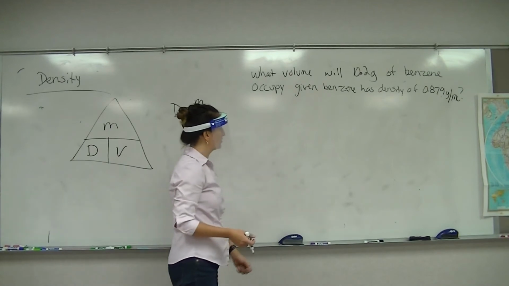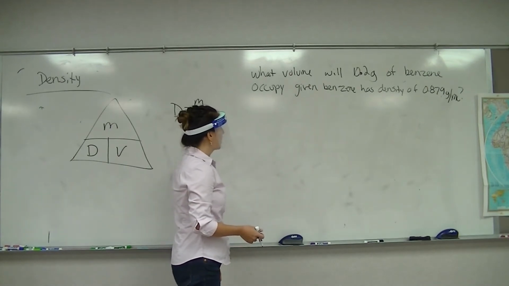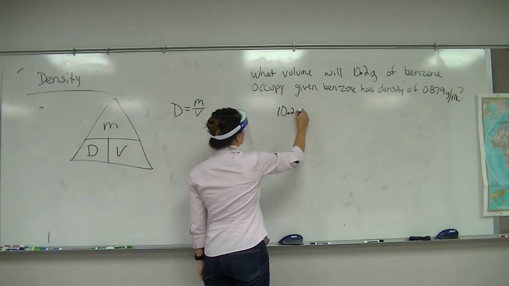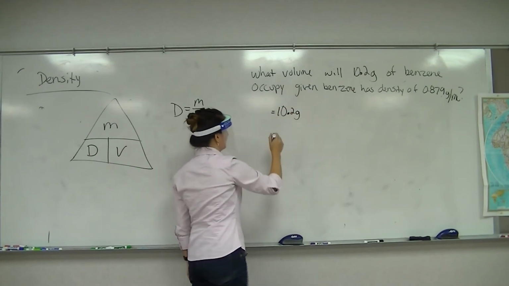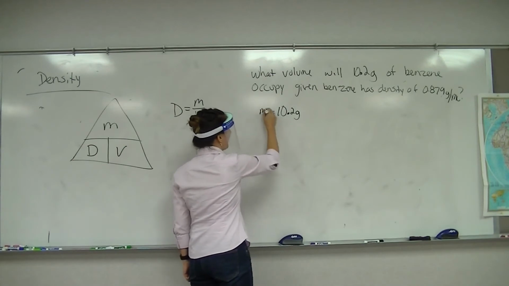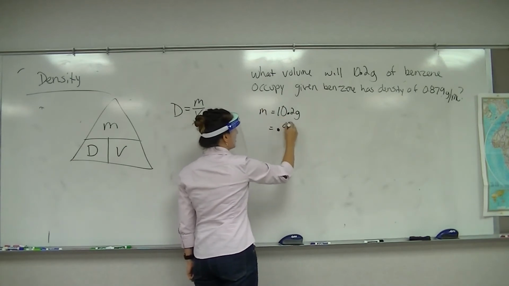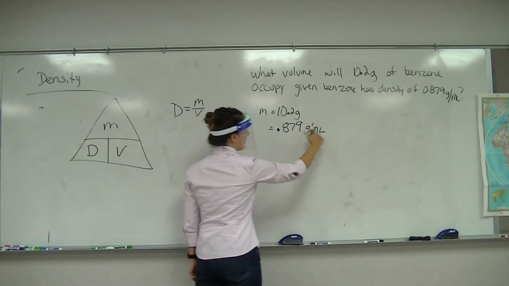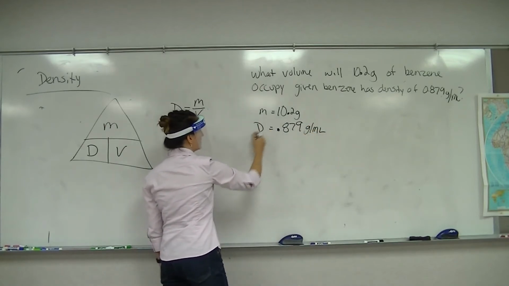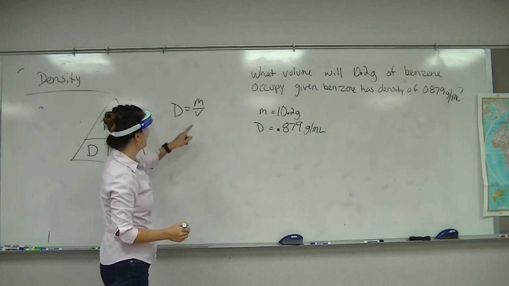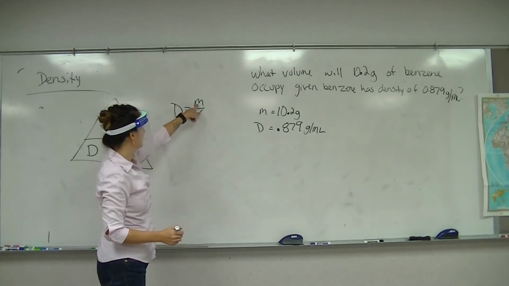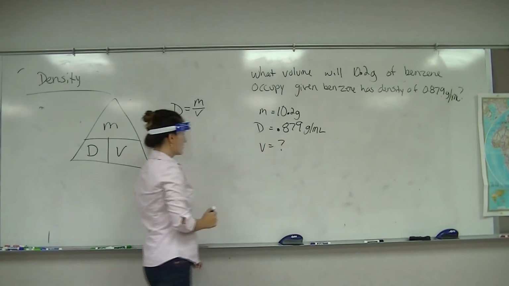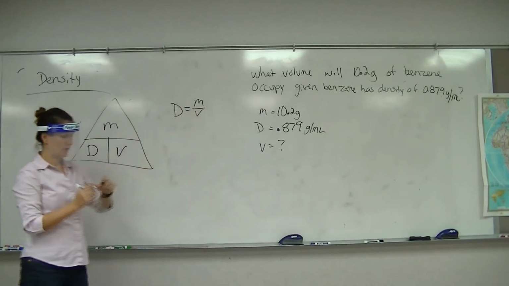So I'm going to write down what I know. What is that 10.2 grams? Is that a volume, mass, or density? A mass. We know it's the grams. The density, they told us specifically it was density, but if they didn't, the grams per mil would have given that away. So we have these two variables, the M and the D, and we're looking for V. We're looking for volume, so we're going to have to rearrange this to solve for volume.